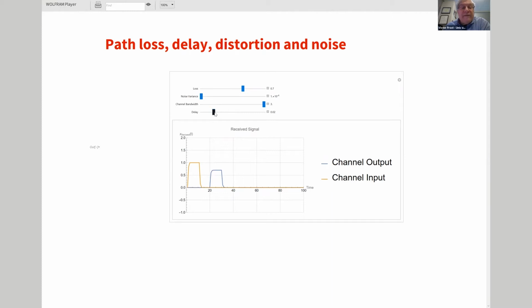And so what we say is that in an ideal system, all you'd have to do is delay and scale the signal. So if you didn't have noise or multipath in the channel, then you could detect the received signal almost ideally. Here's the transmitted pulse and here's the received one.